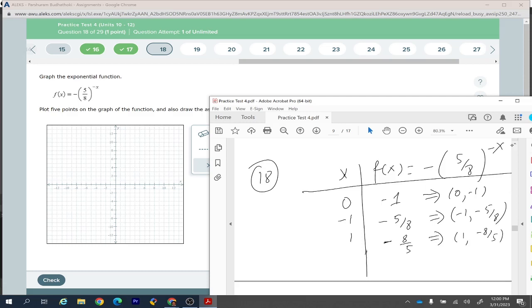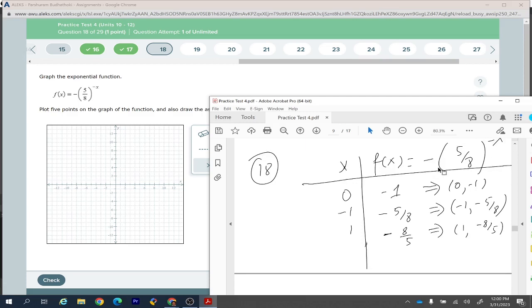We need 2 more points. If I choose 2, that becomes -5/8 to the power -2. You can simplify this.